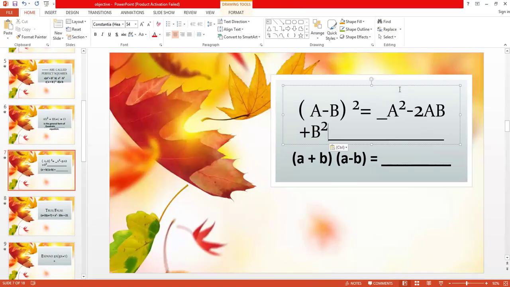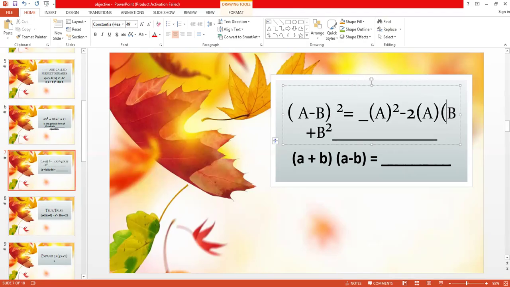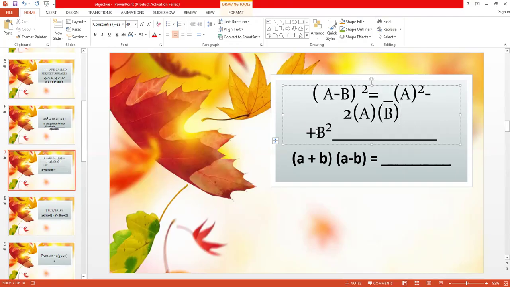Or we can say first term square minus 2 first term second term, and in the last we have second term square. So what is the formula for solving this perfect square? A minus b whole square: first term square minus 2 first term second term and then plus second term square.